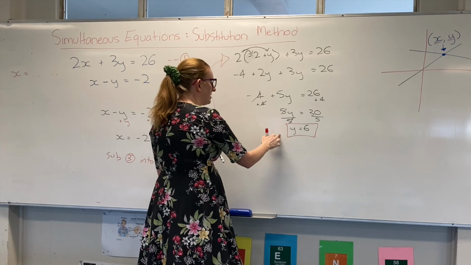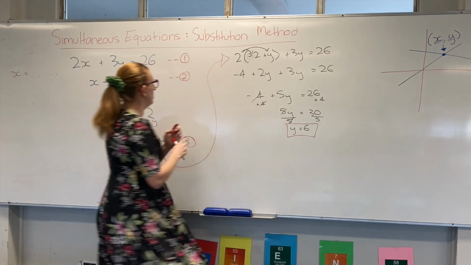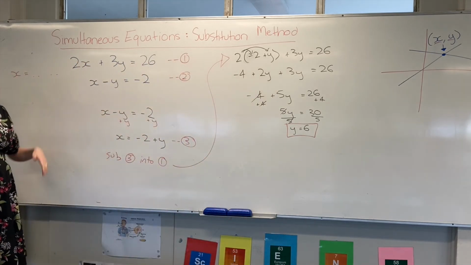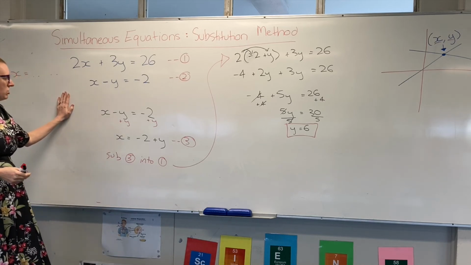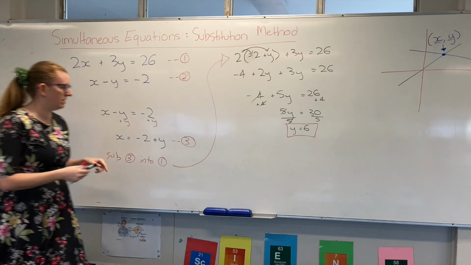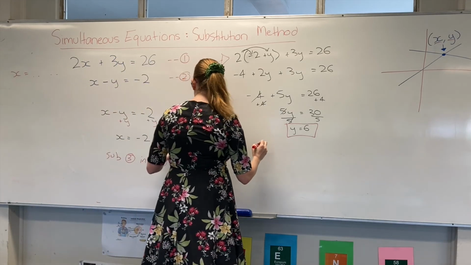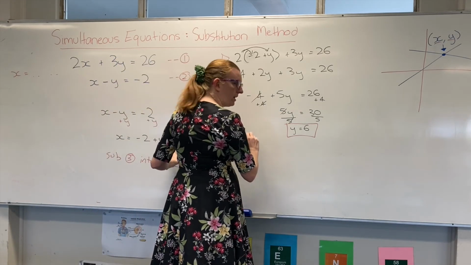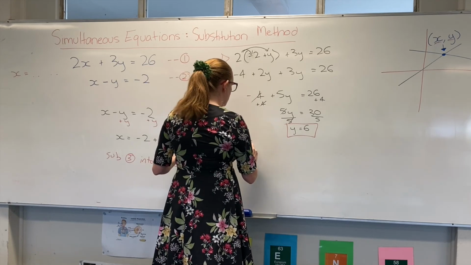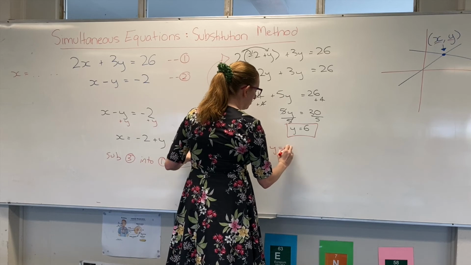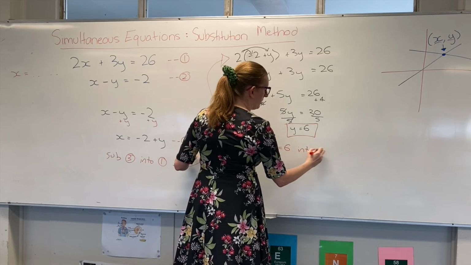So now I need to sub that into one of these equations. It doesn't matter which one because they'll all give me the same answer. I'm going to choose number 3. Okay, so I'm going to sub y equals 6 into equation number 3.